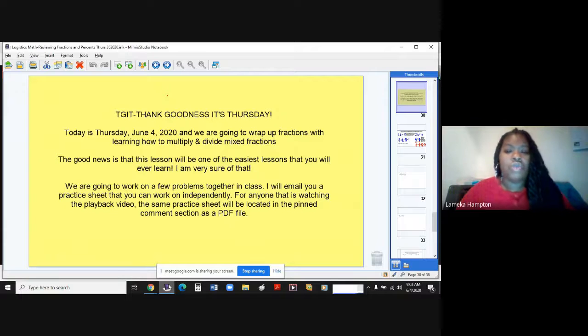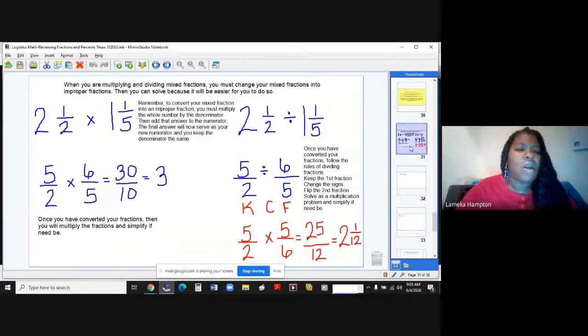All right, so we are going to go ahead and get started. It says when you are multiplying and dividing mixed fractions, you must change your mixed fractions into improper fractions.